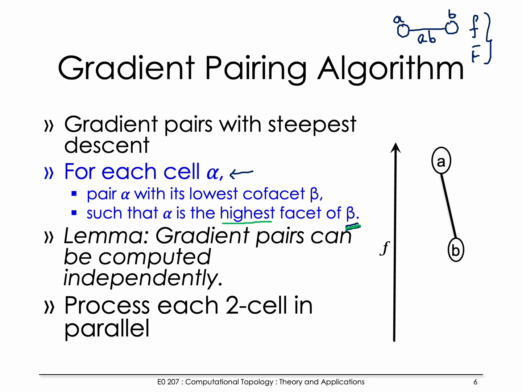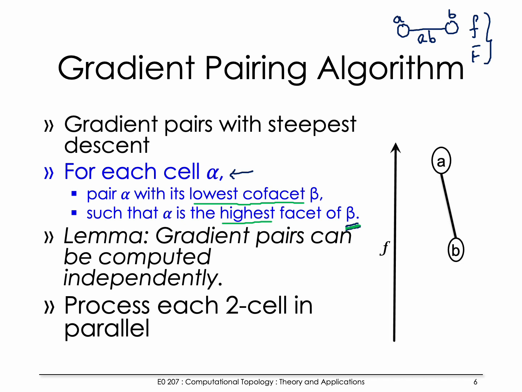Choose co-facets beta such that alpha is the highest facet, and among them you break the tie by choosing that particular beta where beta is the lowest cofacet.